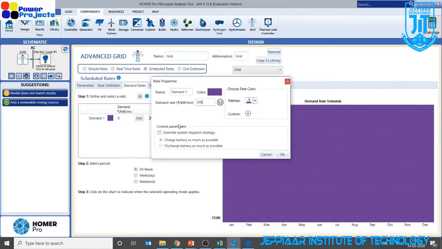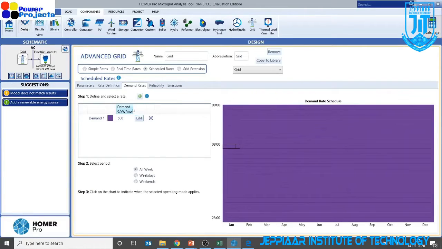In Tamil Nadu, I believe it is 475 rupees for medium voltage consumers. So even if you have not consumed any energy, if your demand is 500 kilowatt or 1000 kilowatt, you have to pay a fixed demand charge of 500 rupees for each kilowatt of demand.